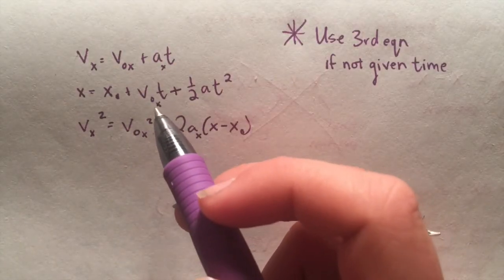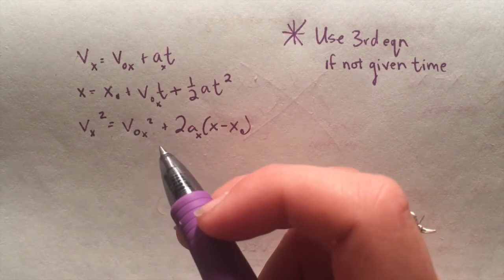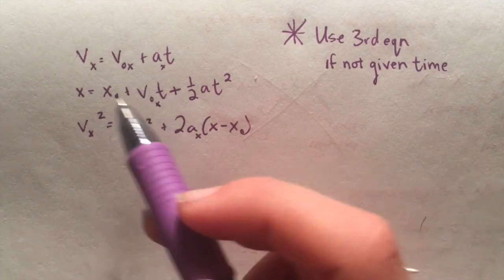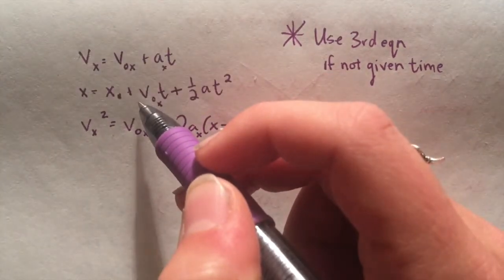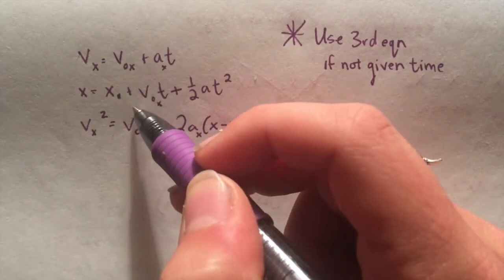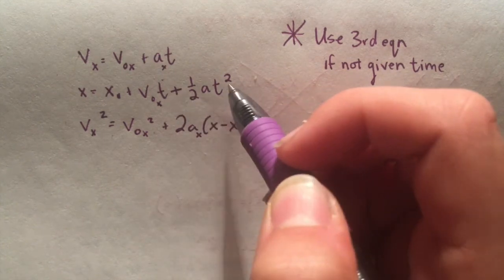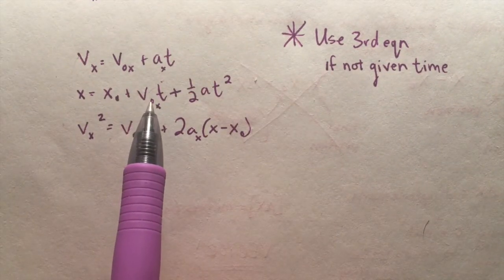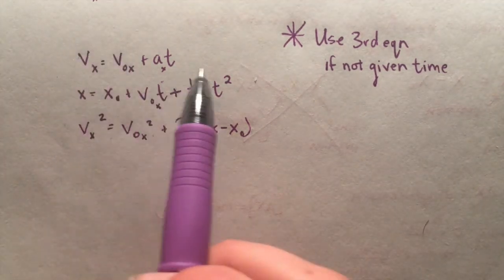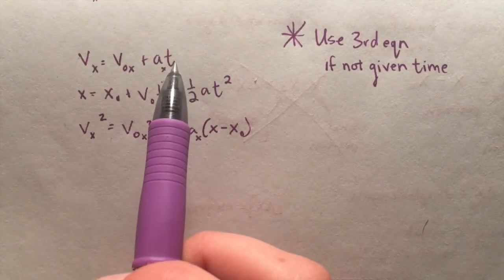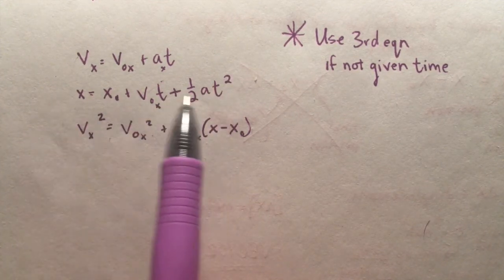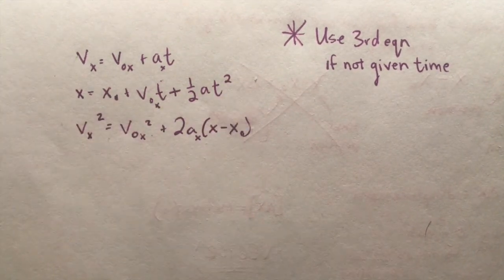Now, if the starting speed is 0, if v naught x is 0, then you can use either of the first two equations. Because in the second equation, if v naught is 0, this term will go away, and then it'll be easy to solve for time. Now, if the starting speed is not 0, then I highly recommend using the first equation if you can, because the second equation has a t squared in it, and that's going to make this more complicated to solve.